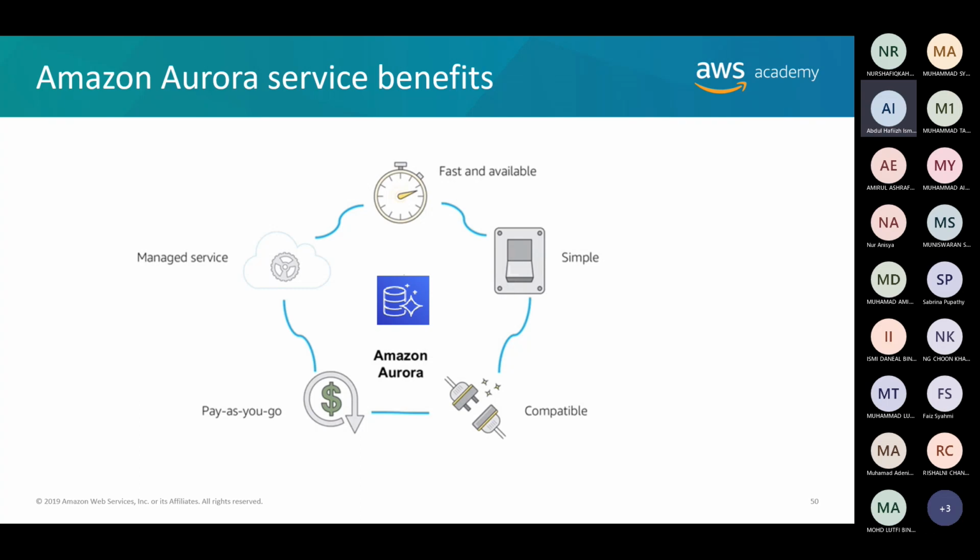And Amazon Aurora is a pay-as-you-go service, which means that you only pay for the services and features that you use. It's a managed service that integrates with features such as AWS Database Migration Service and the AWS Schema Conversion Tool. These features are designed to help you move your dataset into Amazon Aurora.